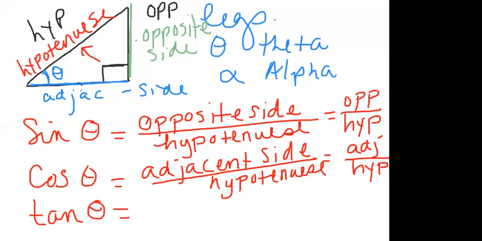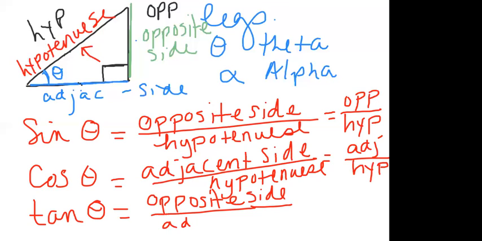And then the third one we're looking at is tangent of theta. The ratio for the tangent of theta is going to be the opposite side over the adjacent side, guys. So when we abbreviate this, it's going to be opposite over adjacent.